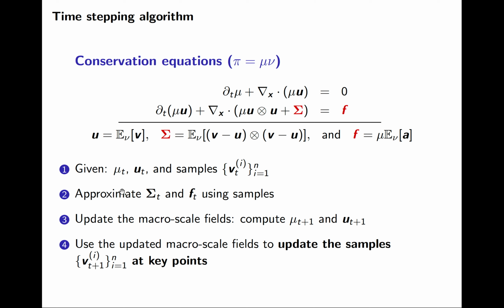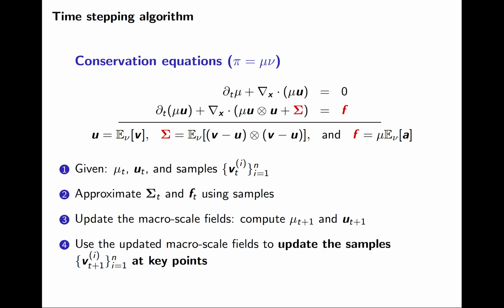So the first step in our time-stepping algorithm is to approximate the covariance matrix sigma and the forcing function f at time step t using the samples at each point in the domain. Given sigma and f, we're going to plug those into this system of equations, the conservation system, to update the macro scale mass density field and the expected velocity u.